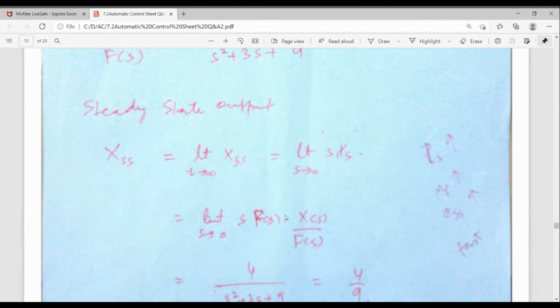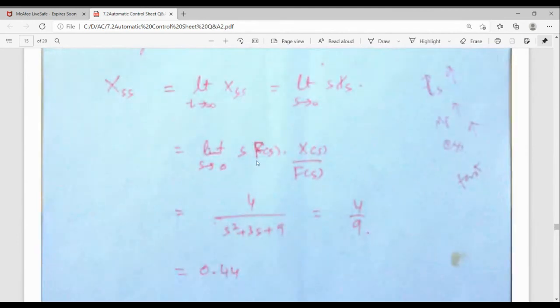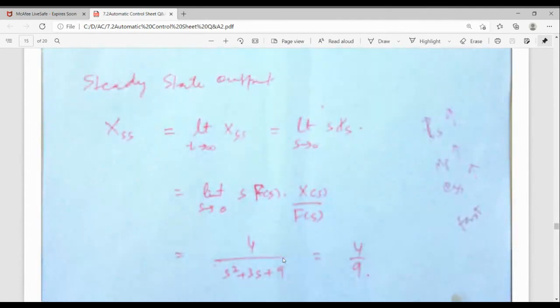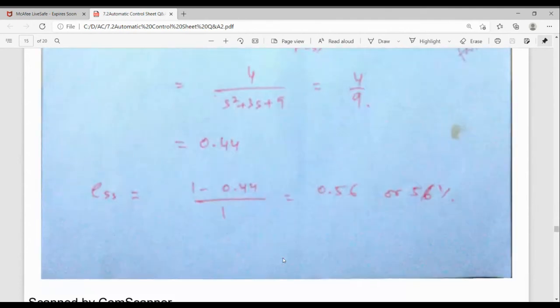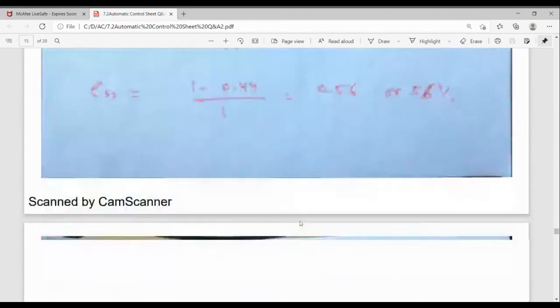Kp is 4. Upon substitution of this, substitute here this equation along with s, you will get 4 by 9, that is 0.44. This is steady state output, and the error you have to find is 1 minus steady state output divided by 1, that is 0.56, 56%.